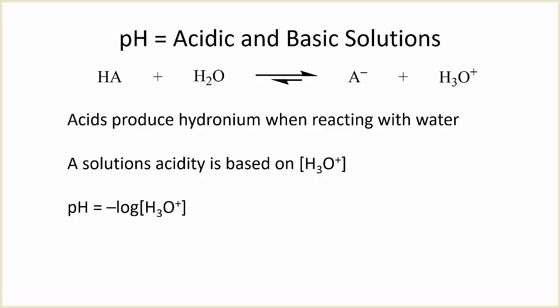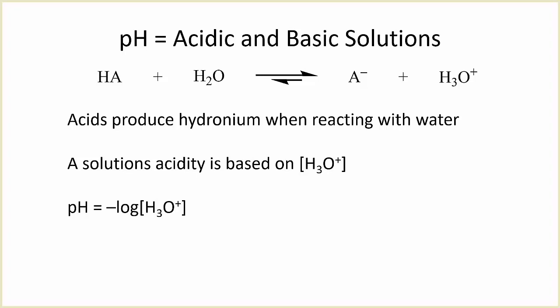So what I'd like to do next is make a distinction between two quantities that you often hear in acid-base discussions. One of them is pKa, which we've been talking about. pKa is related to how strong an acid is. And the other one is pH, which is something we associate with acidic and basic solutions.